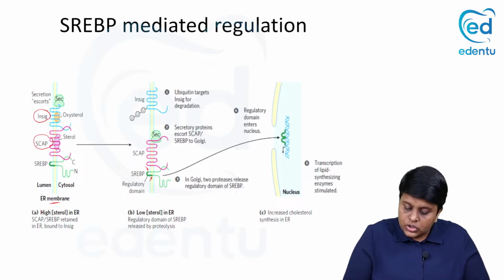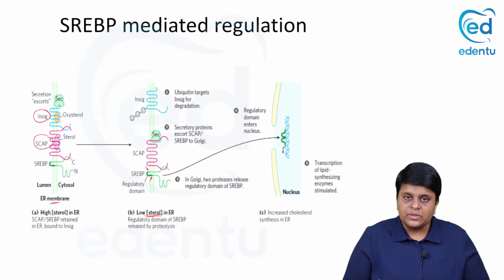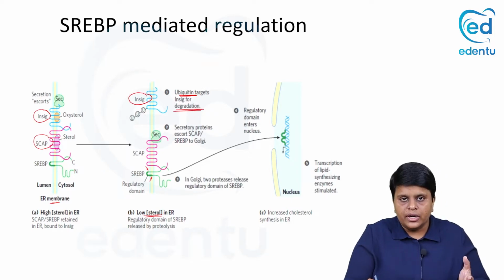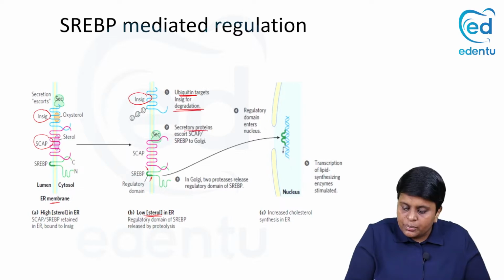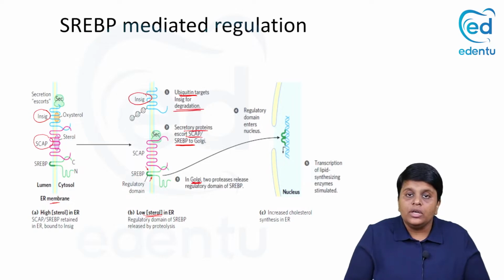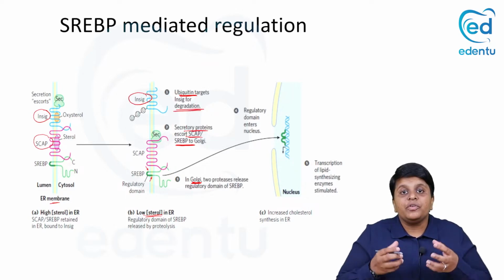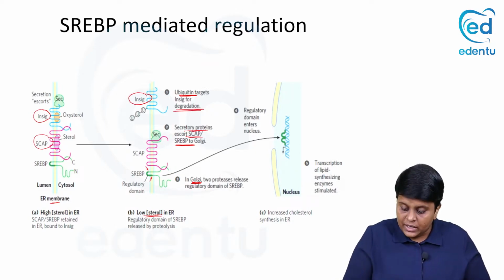Whereas if there are low levels of sterol in the endoplasmic reticulum, what happens is ubiquitin will go and target this INSIG for degradation. So once this INSIG goes for degradation, now the SCAP protein is left alone, right? The secretory proteins will escort the SCAP and the SREBP into the Golgi apparatus. So inside the Golgi, we have two different proteases and that will cleave or set free the regulatory domain of SREBP.